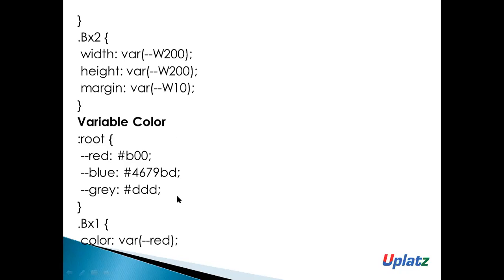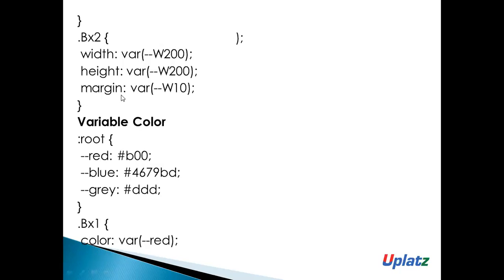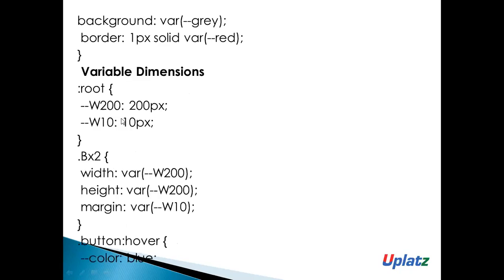So next, for variable dimensions and color: red, blue, green. For color I have used red. For background, I'm using that gray color with the help of the var function. Border 1px solid, and for that color, after solid I have used var for red. In between also I can use the var function.